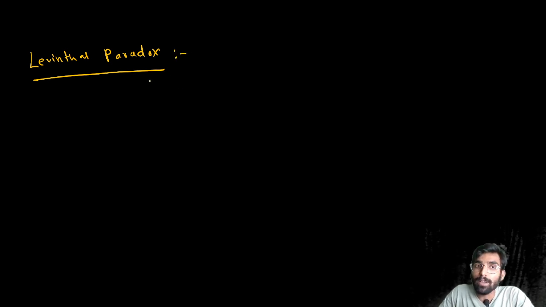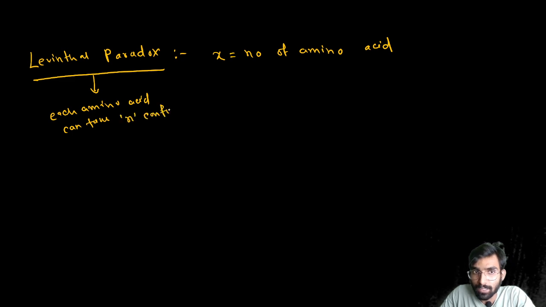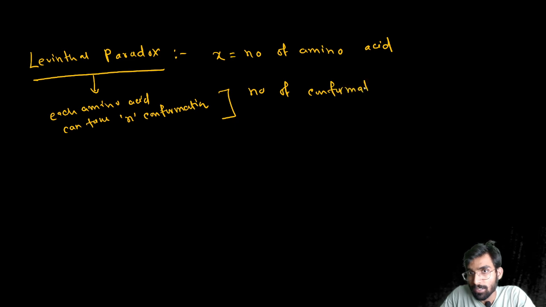So the Levinthal paradox is saying, suppose you have a protein that consists of x amino acids, where x equals the number of amino acids, and each amino acid can take n different conformations. Then the number of conformations will be n to the power x.